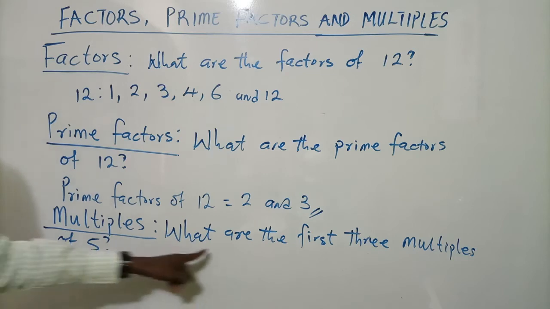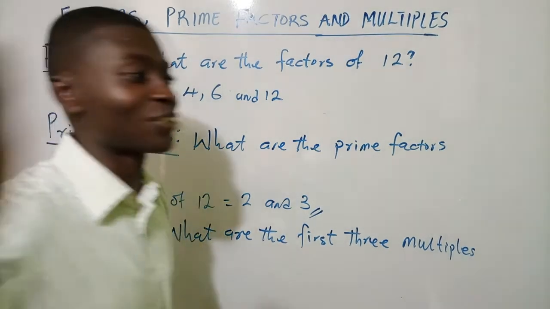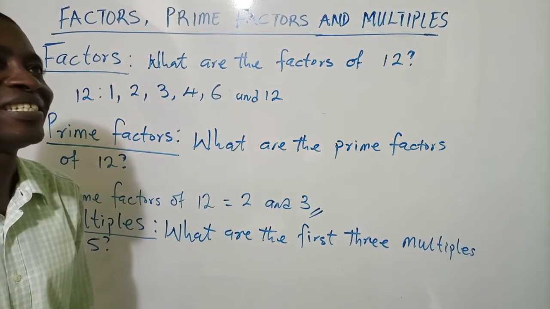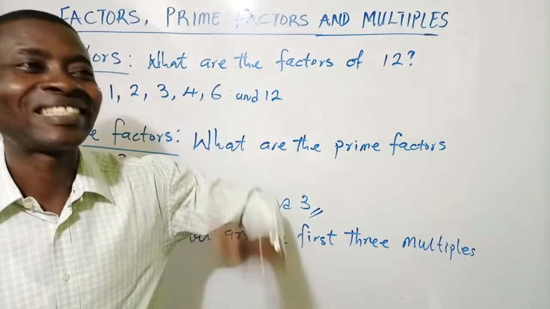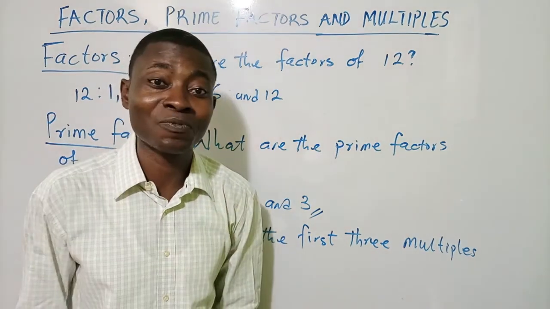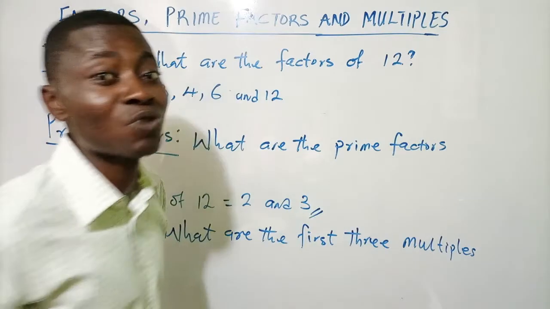What are the first 3 multiples of 5? You can also find the first 20 multiples of 5. It doesn't matter. Or we can just say, what is the 17th multiple of 6? Don't worry, it's not difficult, it's very simple. They are simply asking you to do what? Just say 6 times 17. We'll give it to you.